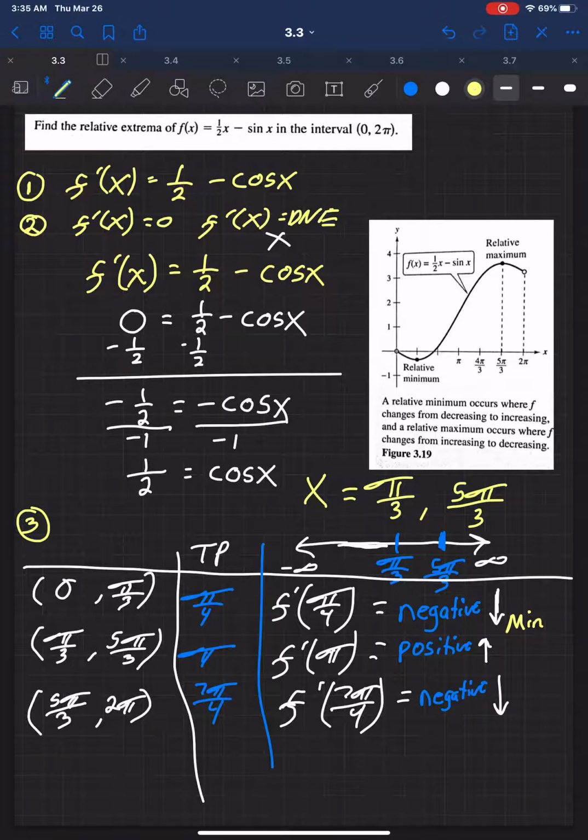And so in that case, there must have been a maximum somewhere there. All right, now let's not be sloppy. The task that we had was to find the relative extrema. So let's finish this problem.